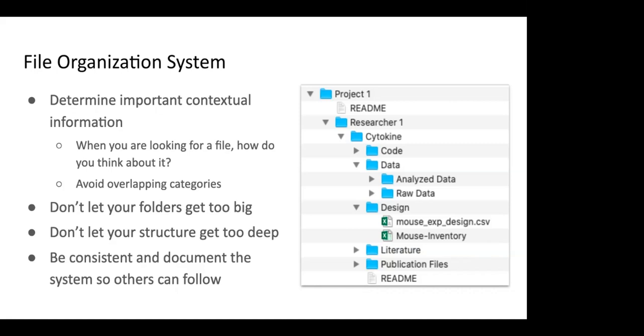You should determine important contextual information about your files. To do this, think about how you would go about looking for a file. You should avoid overlapping categories, and don't let your folders get too big or your structure get too deep. Importantly, be consistent and document your system so that others can follow.